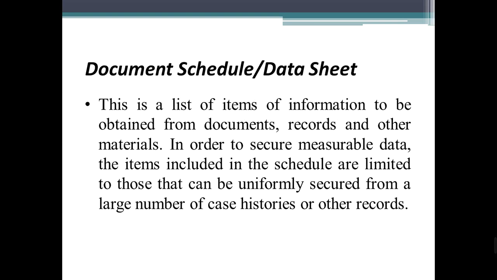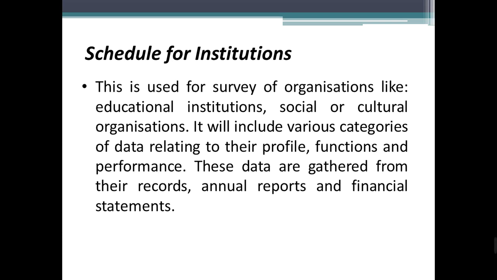This is a list of items of information to be obtained from documents, records, and other materials in order to secure measurable data. The items included in the schedule are limited to those that can be informally secured from a large number of case histories or other records.